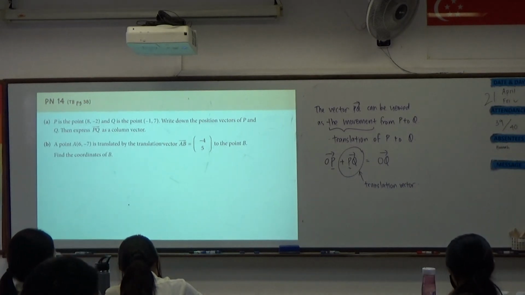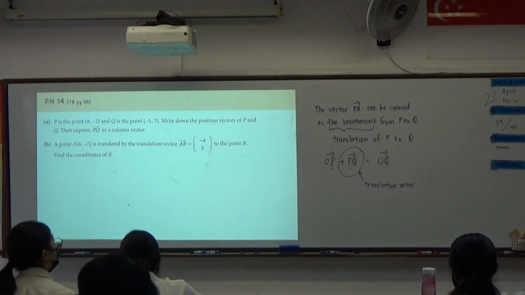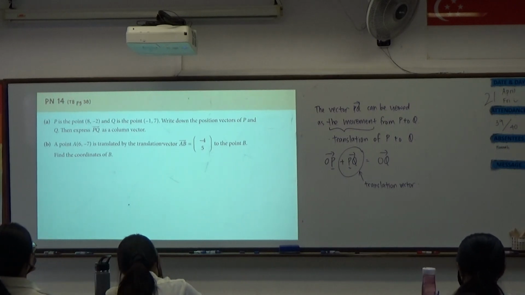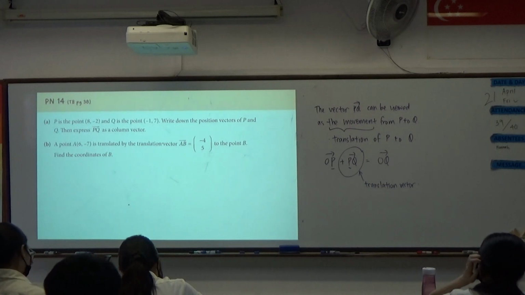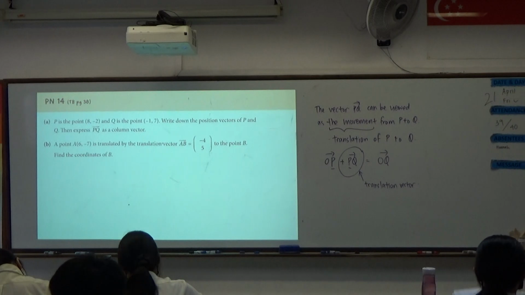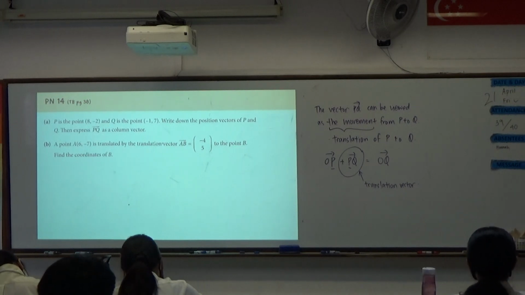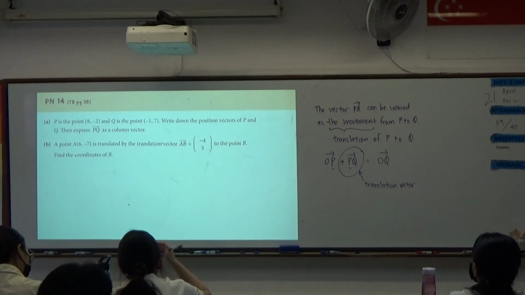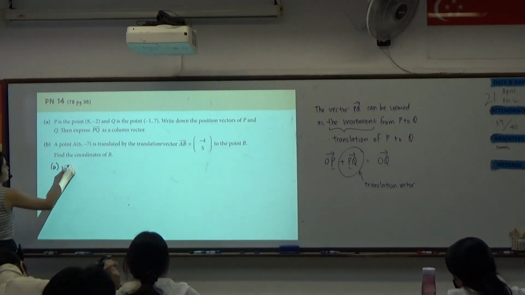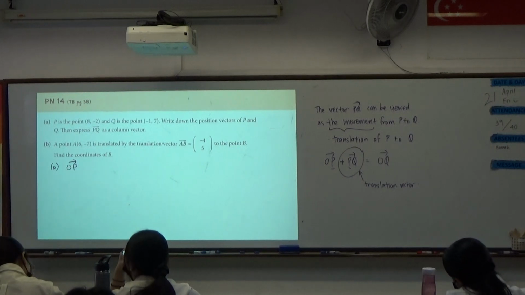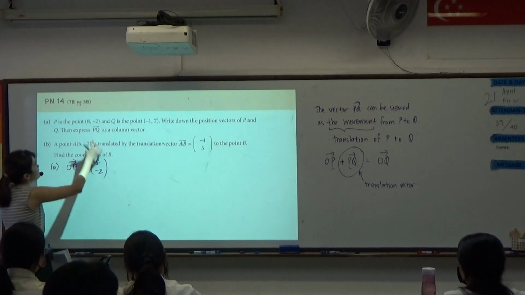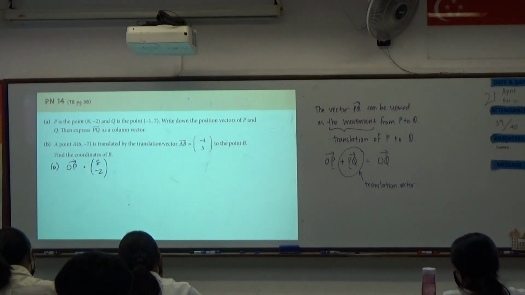Okay, so looking at this example, practice sound 14, in part A, it says that P is the point (8, -2), and Q is the point (-1, 7). So we're given coordinates. We want to write down the position vectors of P and Q and express PQ as a column vector. So the position vector of P will refer to OP, and that is none other than translating the coordinates into a column vector.